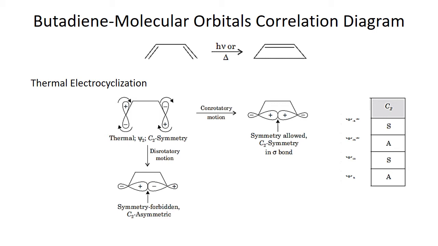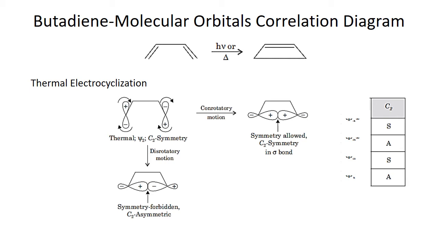In conrotatory motion, the p orbitals move in the same direction, either both clockwise or both anti-clockwise. If the positive lobe moves clockwise, the negative lobe also goes clockwise. In this way, positive and positive can interfere constructively and add together, so positive and positive lobes come on the same side.